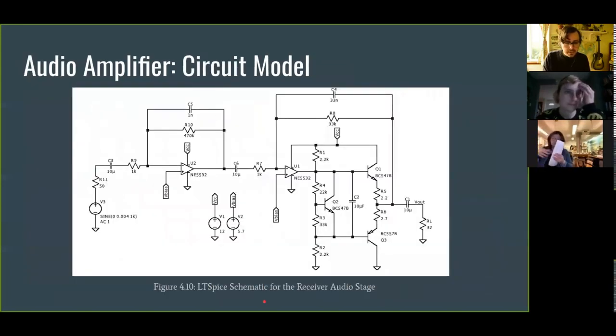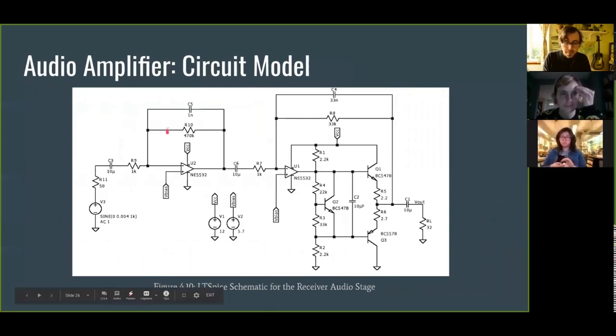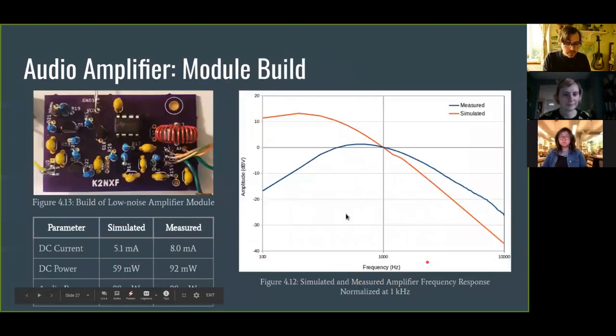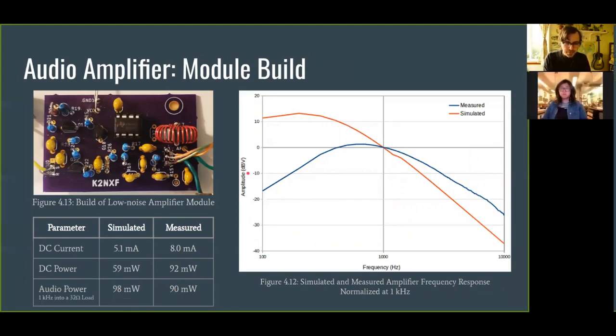Here is the simulated circuit of the audio amplifier. One op amp followed by another op amp, and these two transistors delivering power to the speaker. Overall, I was able to get 90 milliwatts into an earbud. So with a 32 ohm load, that's enough to exceed the threshold of pain.